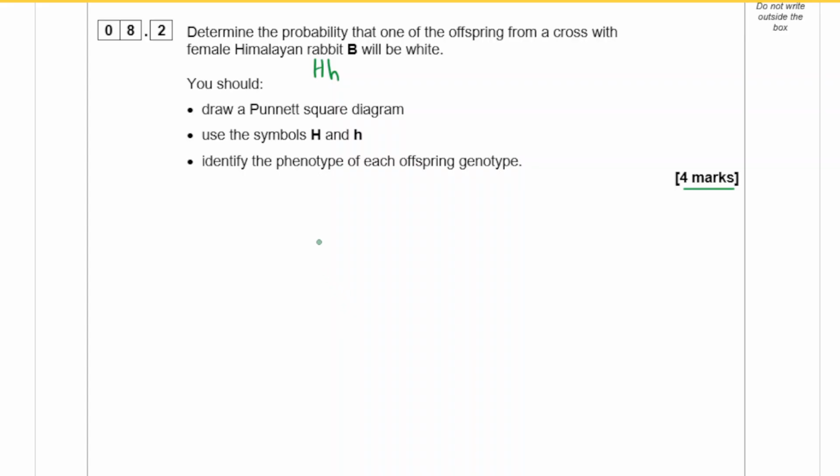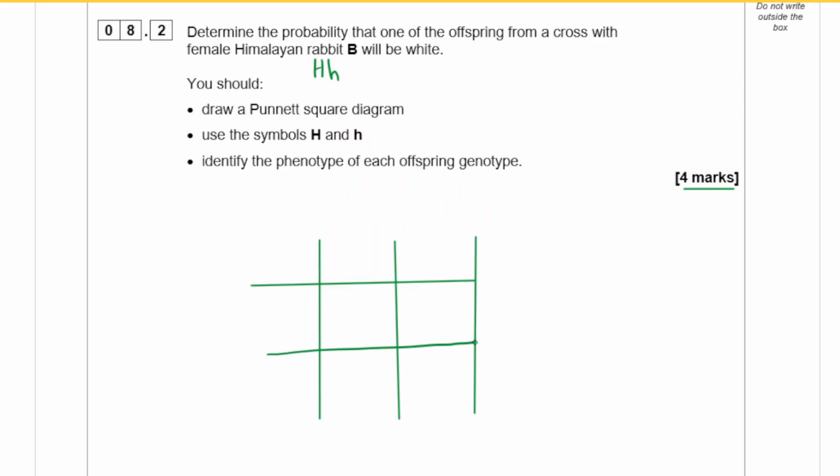So right, let's draw up the Punnett square first. So here, on top is the male, on the side is the female.